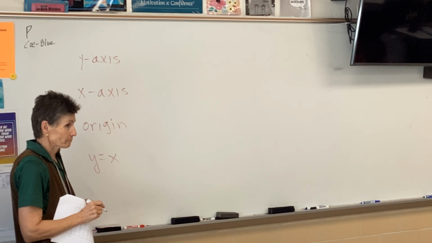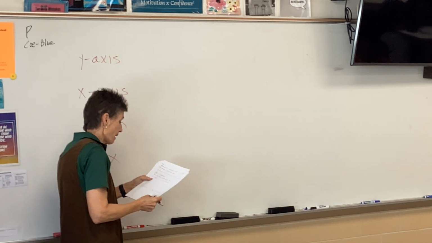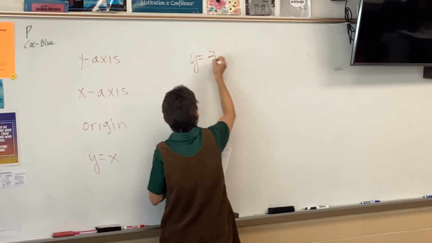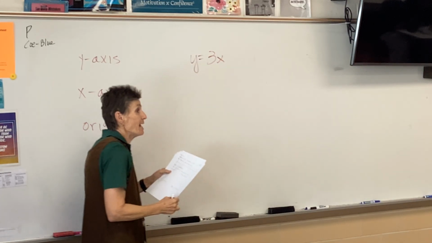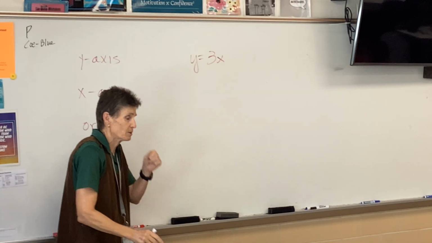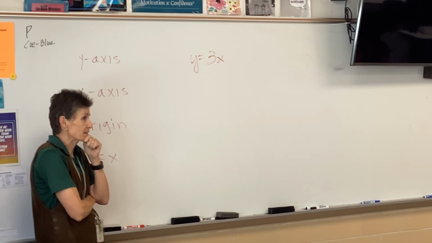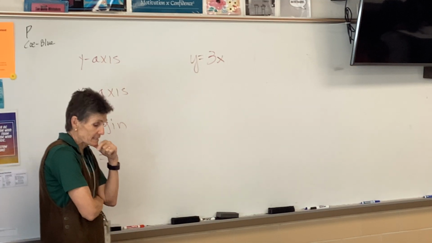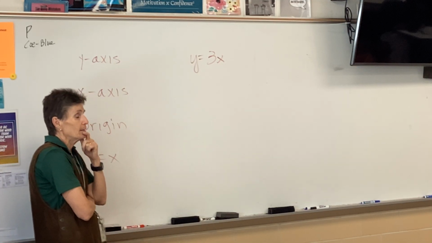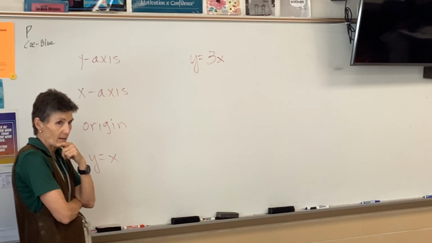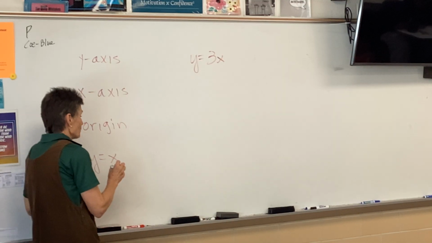Now, your job is to figure out if y equals 3x has any of these special symmetries. I don't have a picture of this, and you could graph this one easy enough, but some of these are much harder. And so we want to have an algebraic way of doing it. So I want you to think about something.